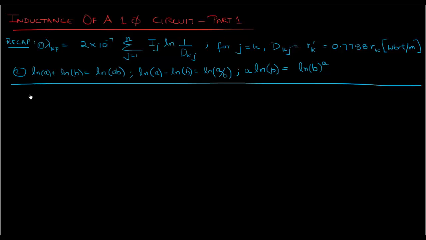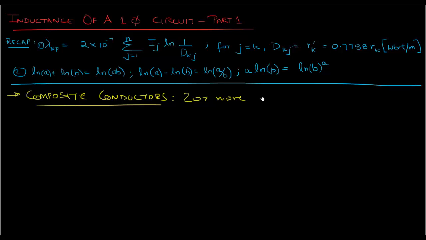Before we dive in though, there's one other concept that I want to quickly touch base on, and that's composite conductors. So far what we've seen is only solid cylindrical conductors, but composite conductors is a special case where you have two or more conductors, or rather strands as they call them, and they are electrically parallel. So they basically form electrically a parallel circuit.